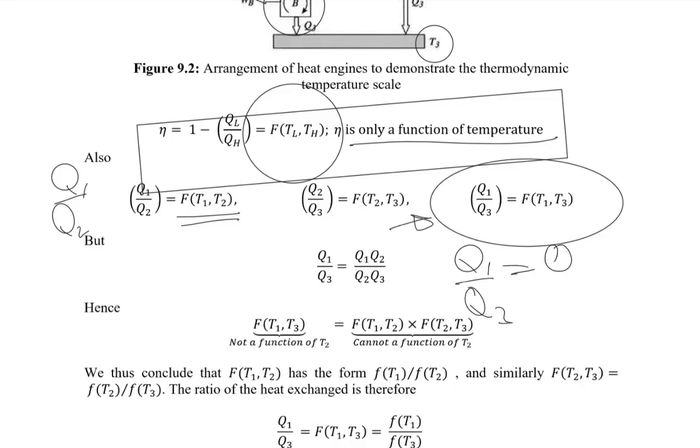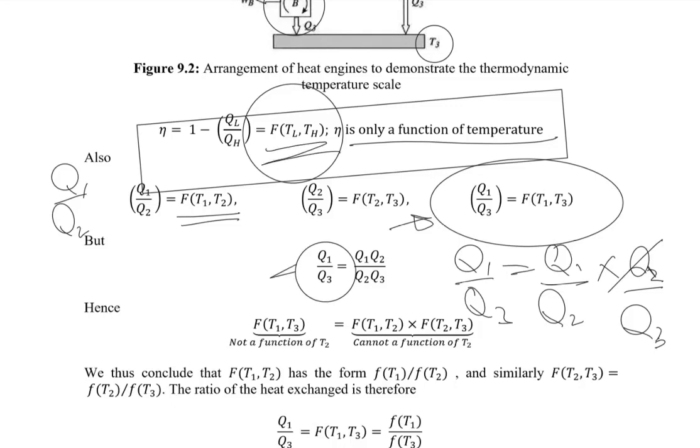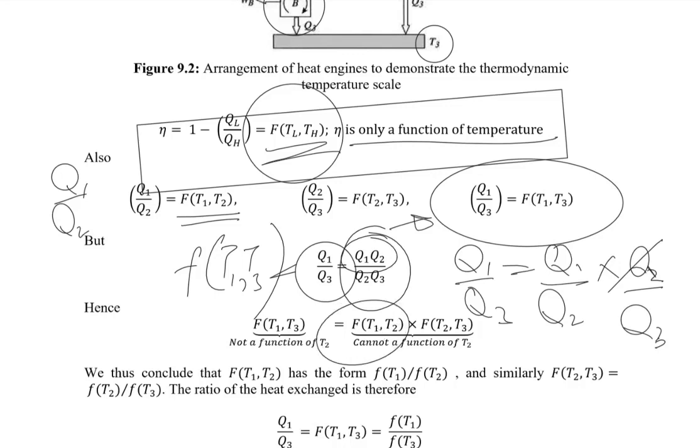If I write it as Q1 divided by Q2 multiplied by Q2 divided by Q3, what I have done is multiply and divide by Q2. So this side of the equation would be a function of temperatures T1 and T3, while this side would be a function of T1 and T2, multiplied by a function of T2 and T3.